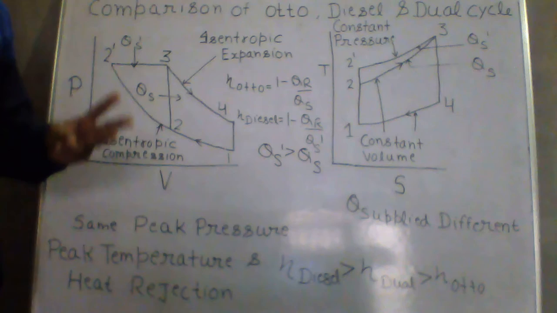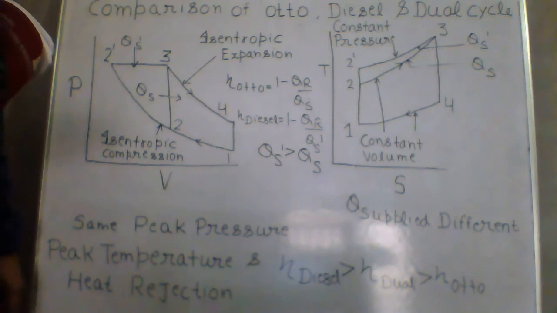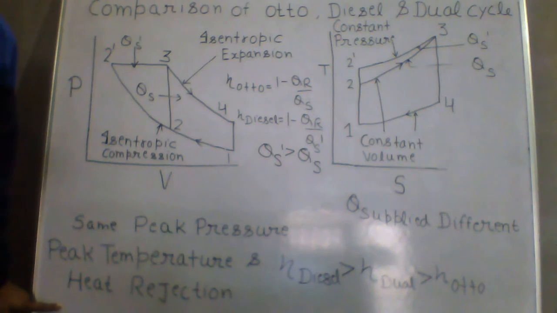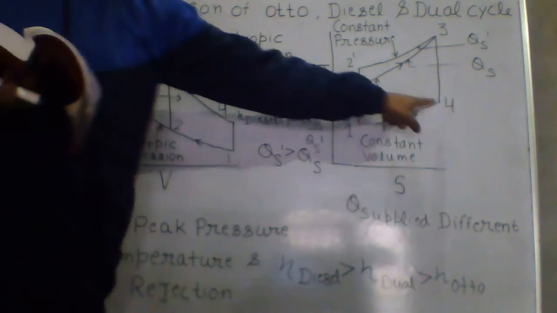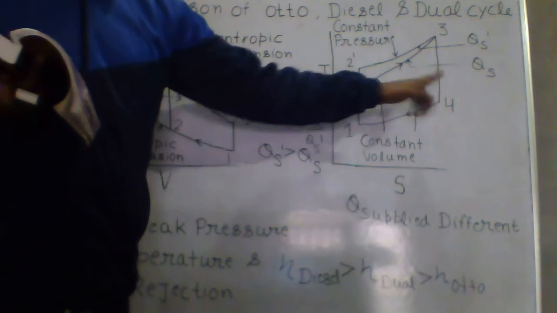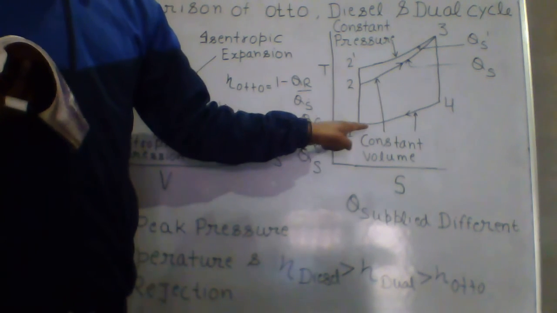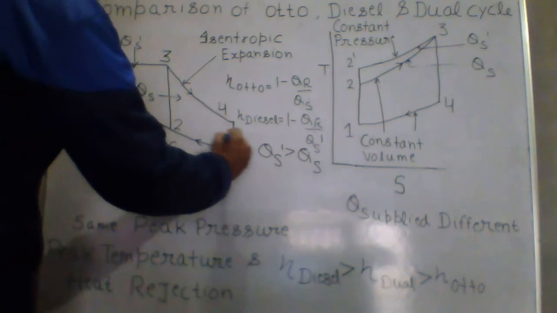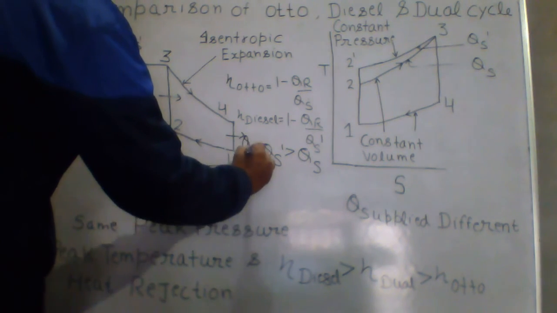Now come to the third condition: same amount of heat rejection. You can see here this 4 to 1 curve is your heat rejection.